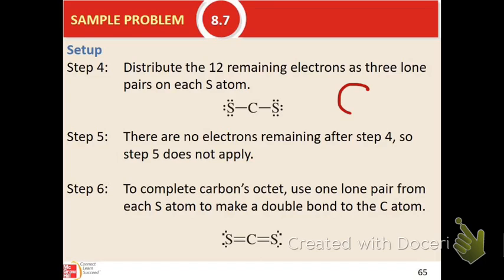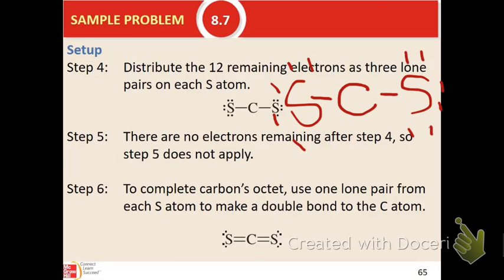There's my carbon, and there was that line and that line, and there was that sulfur and that sulfur, and I had 6 around each of these sulfurs, if you'll remember. There are no leftover electrons, so that should be good, except that my carbon, my central atom, does not have 8. So that is not okay.